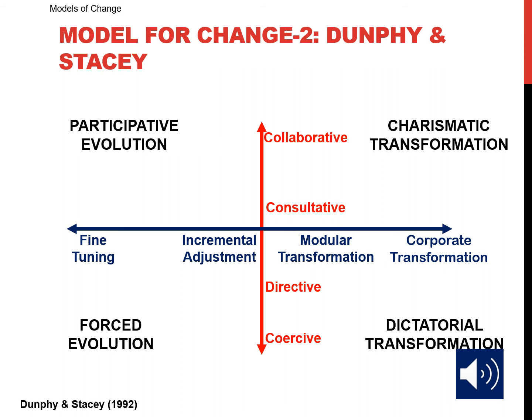And on the horizontal axis, you can see the scale of change. The scale of change can be from a small project, which we can call fine-tuning, to a large project in which there is total transformation of an organization on the right side of the horizontal axis.